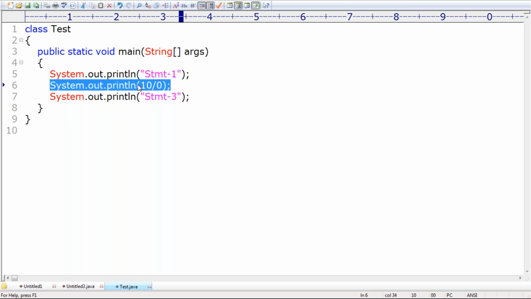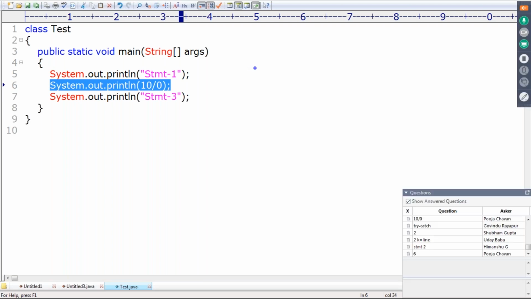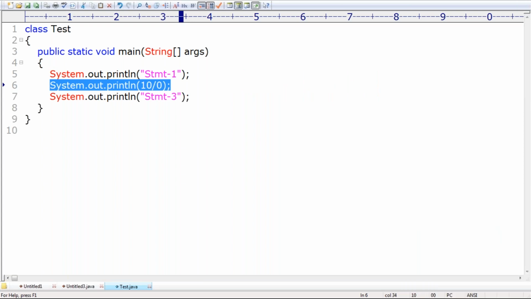So the code which may raise an exception is called risky code. Remember this one, sir. The code which may raise an exception is called risky code, but not whiskey, sir. Don't say whiskey code. Whiskey is also risky, I know. Sir, this code is called risky code.